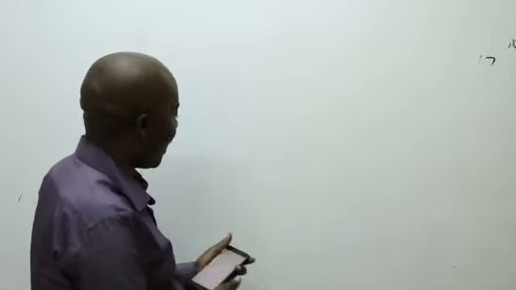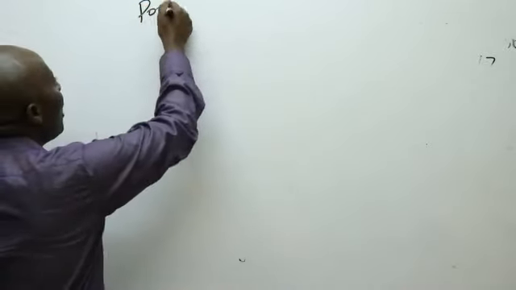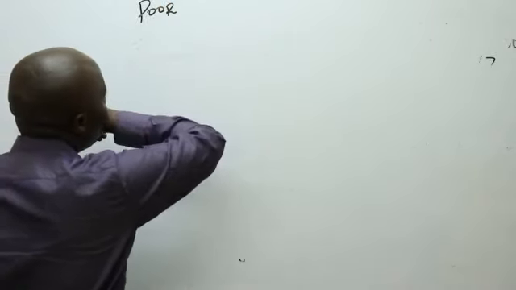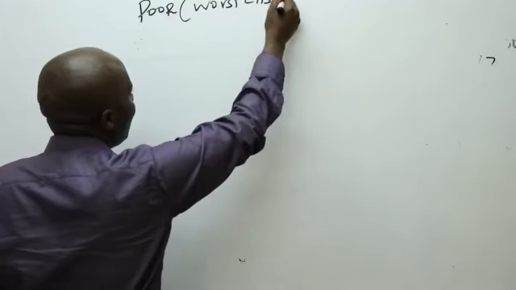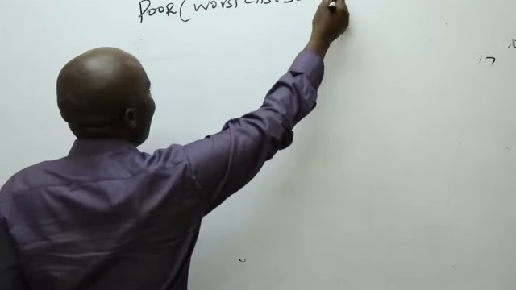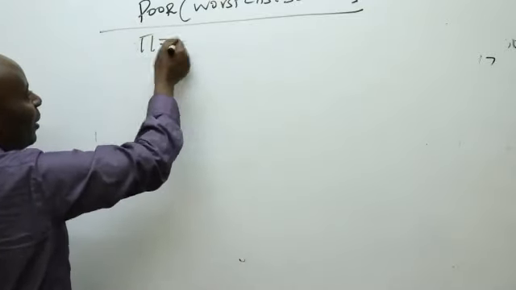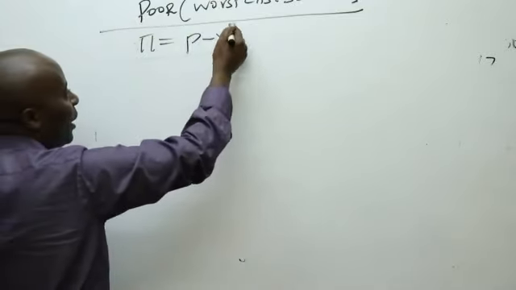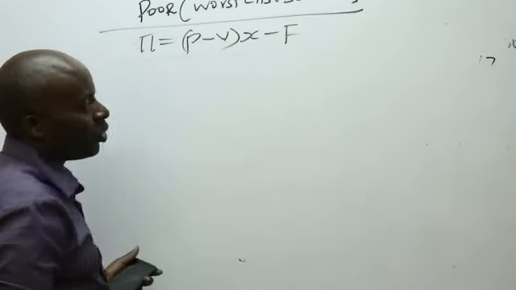Using scenario analysis, I can start with poor, ladies and gentlemen. Poor will be the worst case scenario. So we start by giving them profits, which are price minus variable cost multiplied by number of units, minus fixed cost.